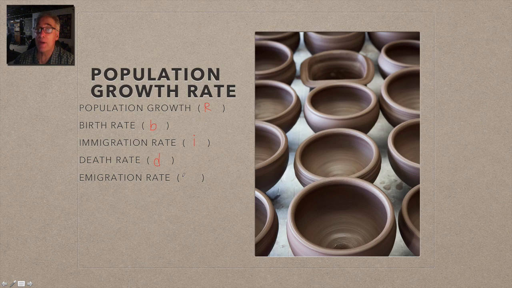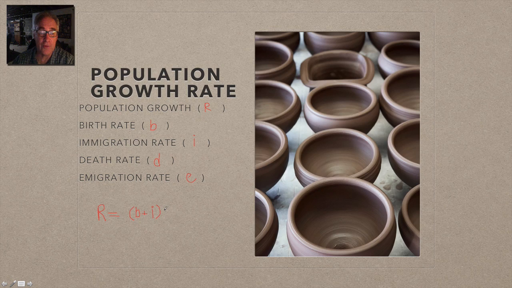And then emigration with the letter E, those that leave the area. So the equation looks something like this. The growth rate is calculated by the birth rate, how many infants or babies are added, plus immigration, the letter I, all those individuals from another area that migrate in.